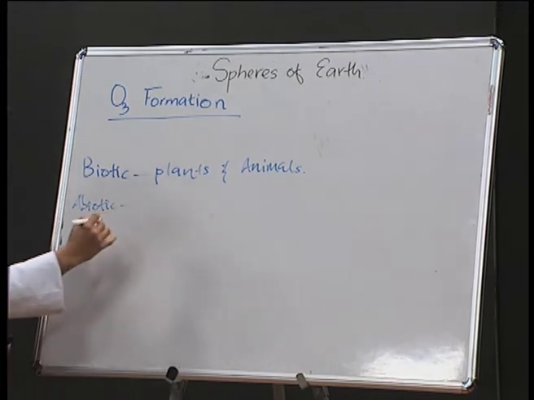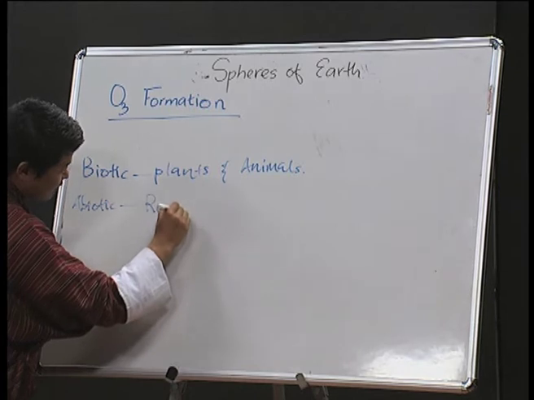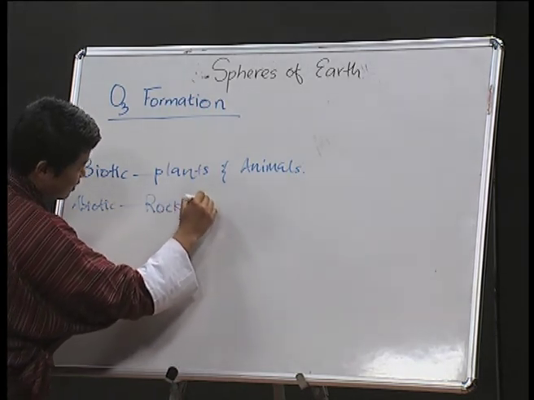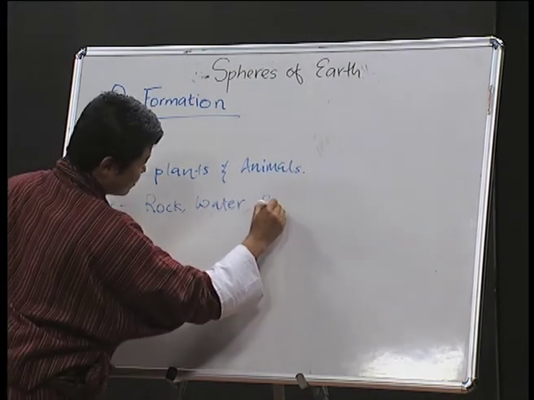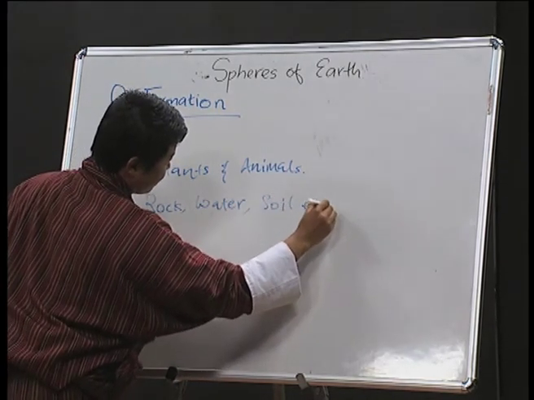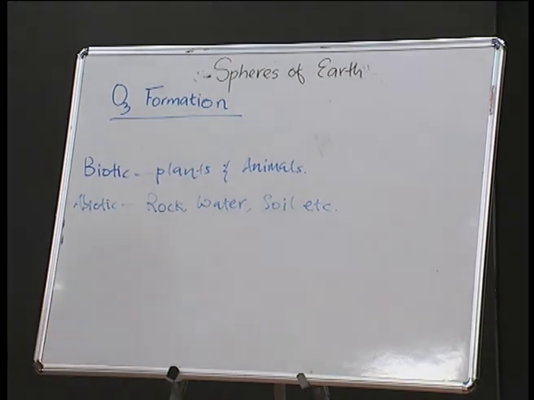So the examples are rock, water and soil, etc. So we have learned that an ecosystem is the interaction of biotic and abiotic components.